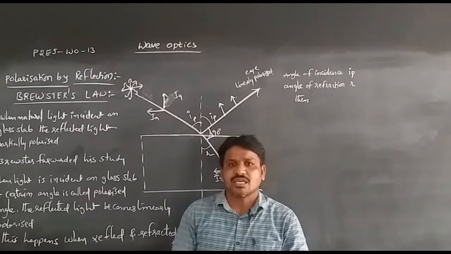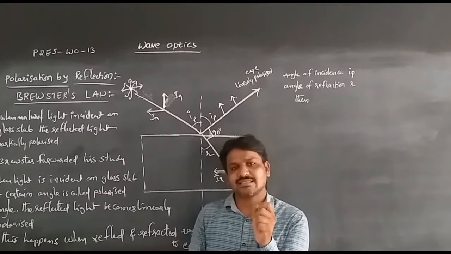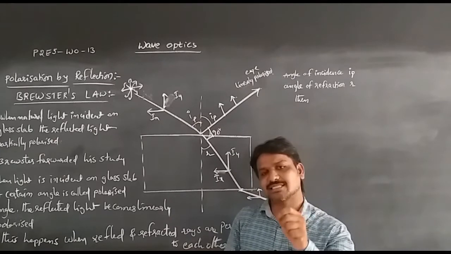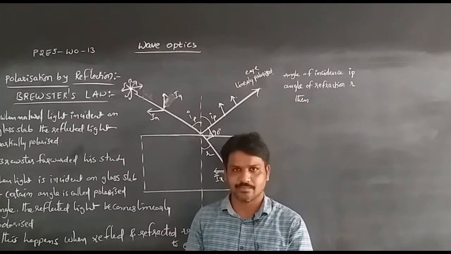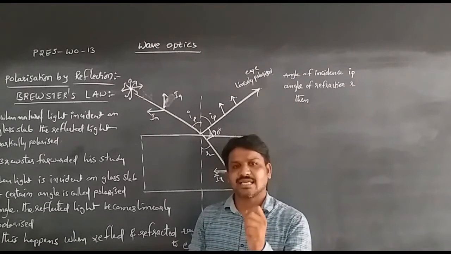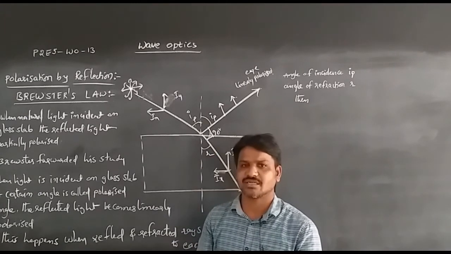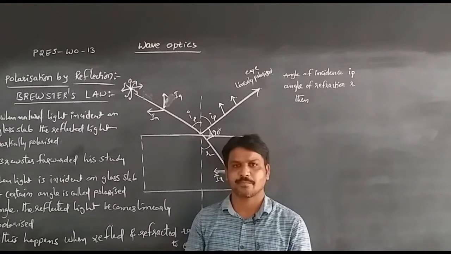According to Malus, when light is incident on a glass slab, the reflected light is partially polarized. Malus observed that.